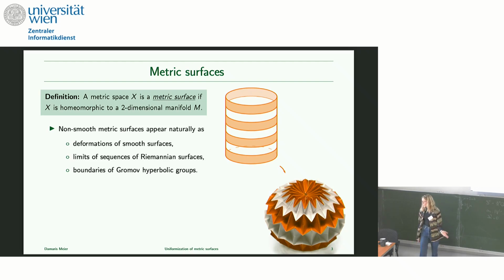So for example, what one could have is, in some sense, a deformation of a smooth object. I have a little picture here, and I also have the folded one here. So that's called a magic ball in origami language. You can think of it as made out of a cylinder that is just folded, and then you get this little thing here.